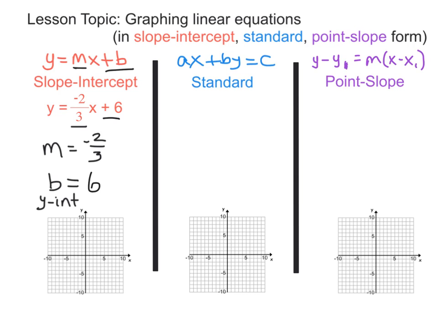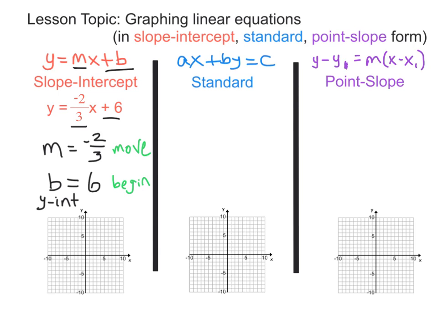All right, so a way to remember how to use these numbers for m and b to help us graph this line, I always say, let's begin with b and move with m. So if that helps you, you can jot that down. So begin with b and move from that b value using your m value.